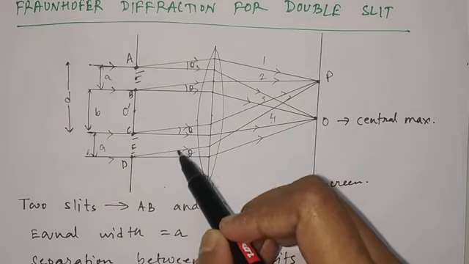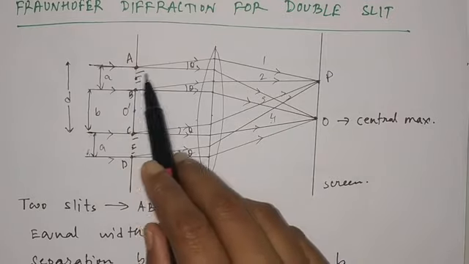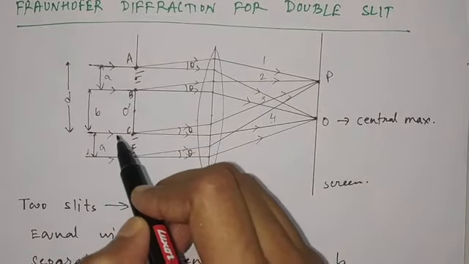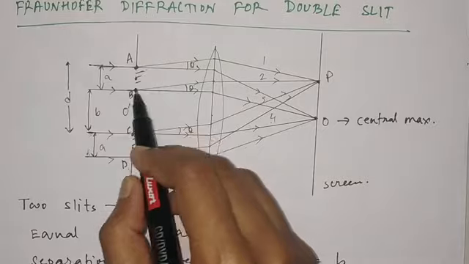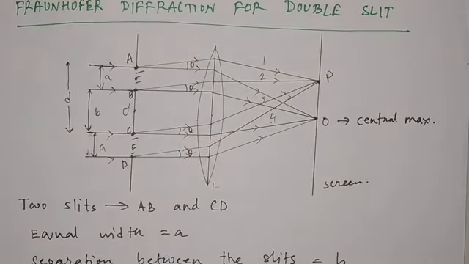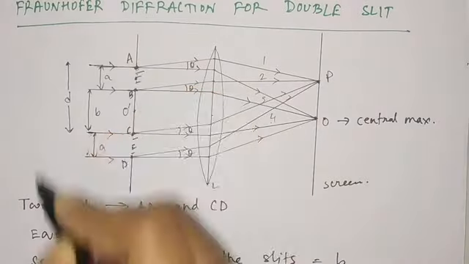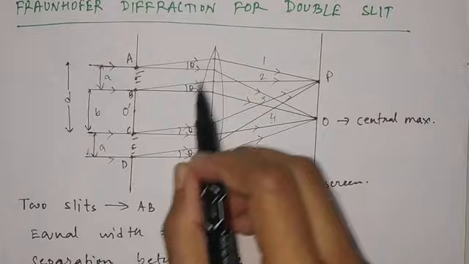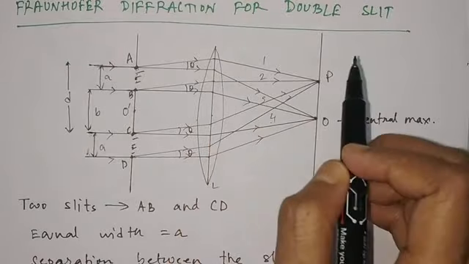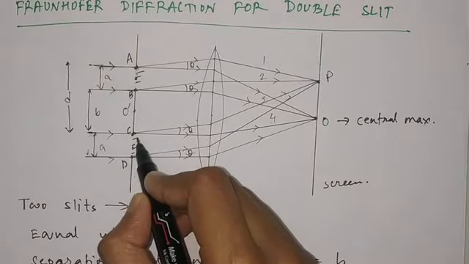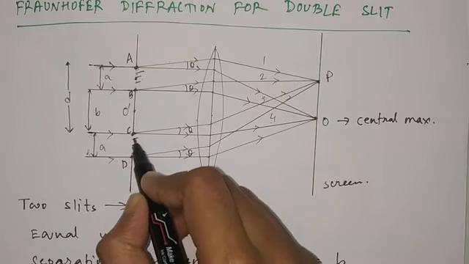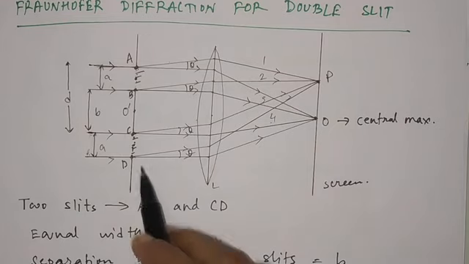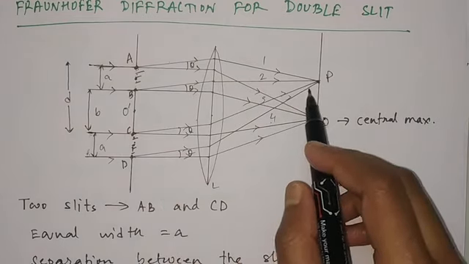We know that the rays which are coming from the same slit are coming from various secondary source points on the same wavefront. They will interact with each other, and the phenomenon is known as diffraction. Similarly, the rays coming from different points on the same wavefront of the second slit CD, when they interact, we call it diffraction.